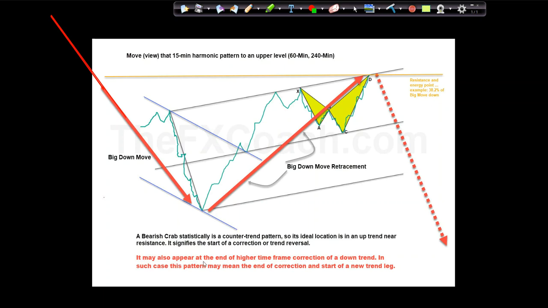It may also appear at the end of a higher time frame correction of a downtrend. In such case, this pattern may mean the end of the correction and the start of the new trend leg. I colored it in red because that's exactly what we have going on with these arrows.